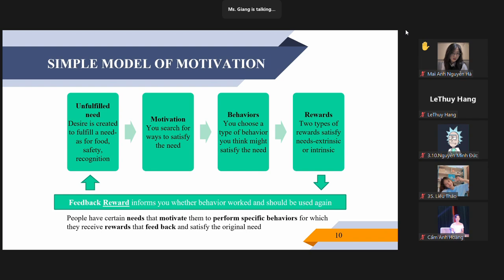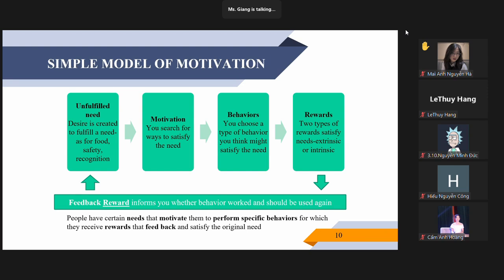I should search for some food, etc. There are a lot of options in order to satisfy the need. However, I will choose the best alternative, the one that can best satisfy my unfulfilled need.